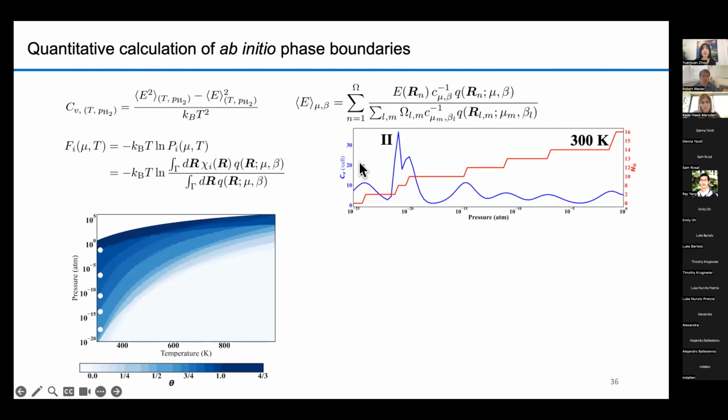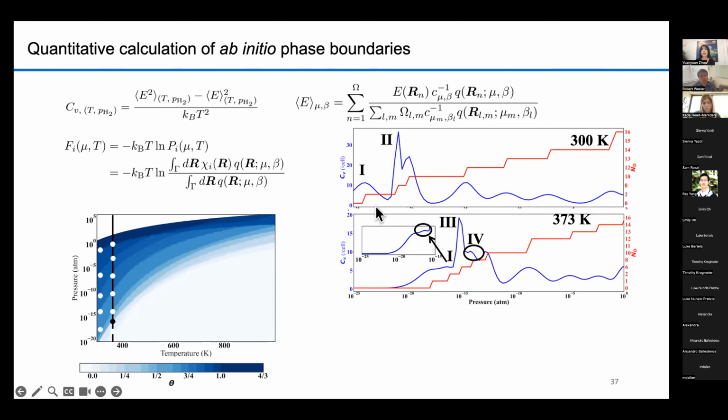And we could get the heat capacity peak as a function of pressure at a fixed 300 Kelvin, as an illustration here, this blue curve. The red curve is the number of sorbed deuterium as a function of pressure at 300 Kelvin. Each peak corresponds to a phase transition, and the TP condition at each peak is marked as a white dot on the phase diagram.